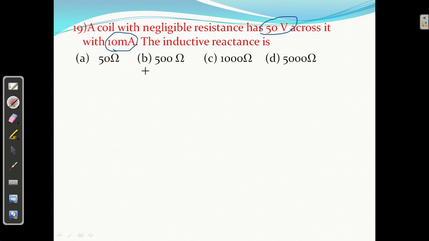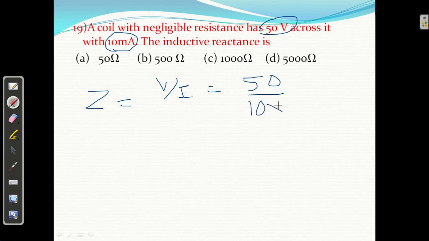The inductive reactance, actually this was meant for the next unit, but I am going to talk about it here. So Z equals V upon I. V is given 50 volt and I is given 10 into 10 raised to power minus 3 because it is given in milliampere.